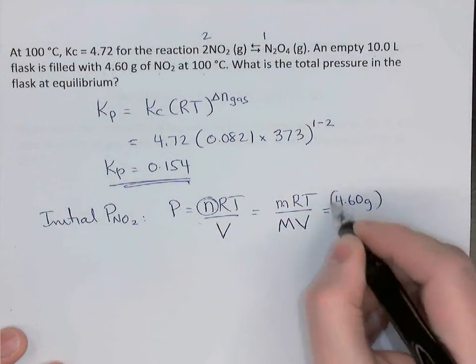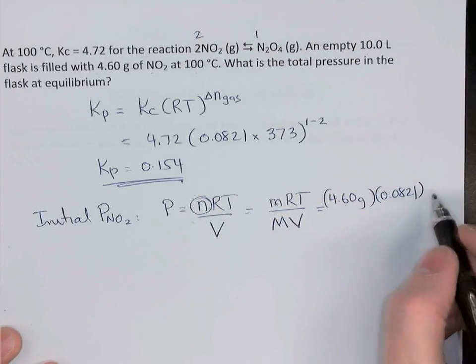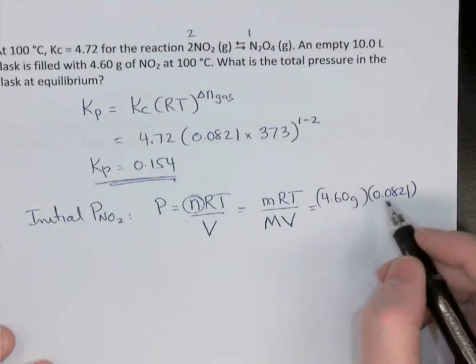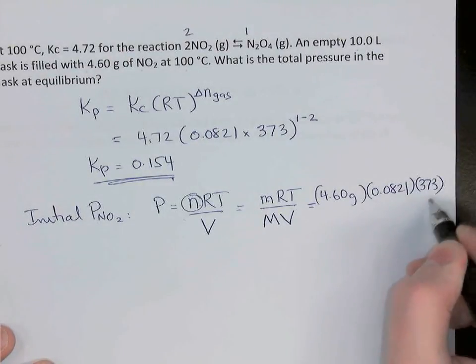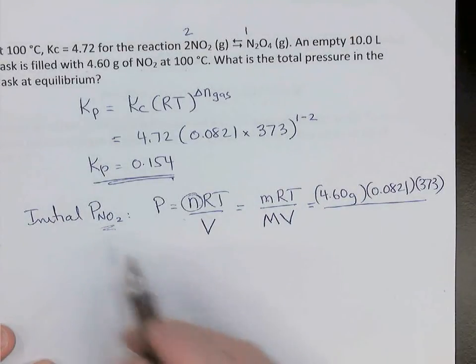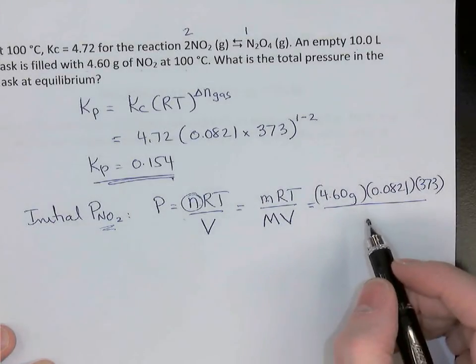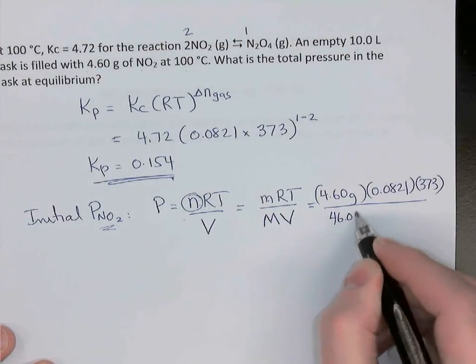4.60 grams, 0.0821 because we want atmospheres again. Our temperature was 100 degrees, so 373 Kelvin. And our molar mass, and this is NO2 we're talking about, so 2 times 16 is 32, plus 14.01 will be 46.01.